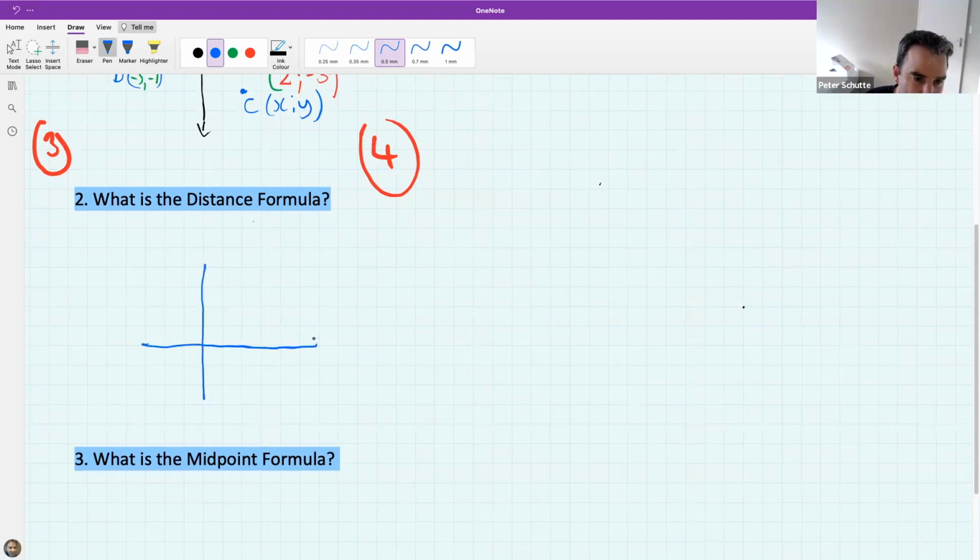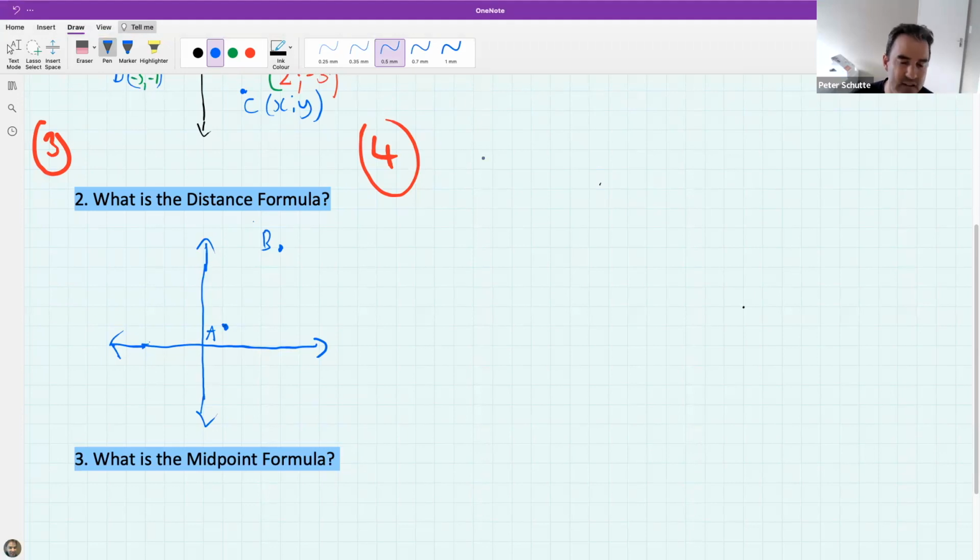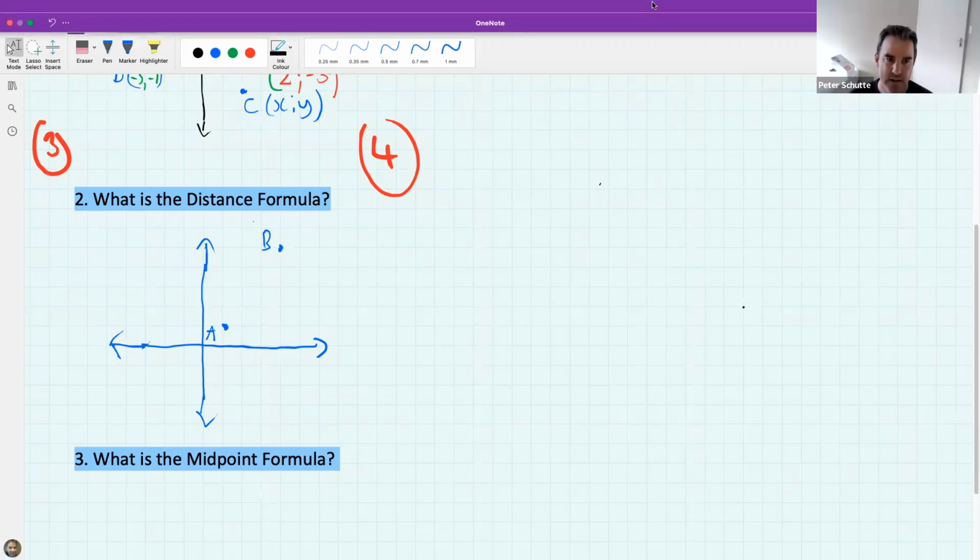And one of the skills we're going to practice today is how do we find the distance between a point like this and say, it's 2, 3, and a point like this. So I'm going to give A and B. I want everyone to write in the chat what they think the coordinates of A is and what the coordinate of B is.